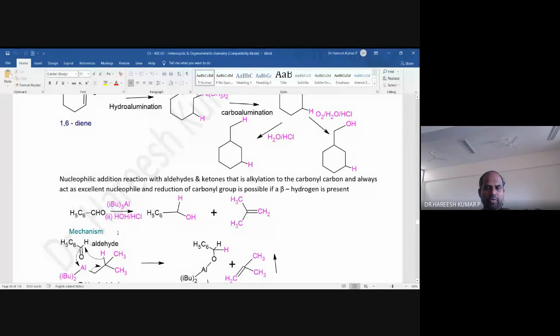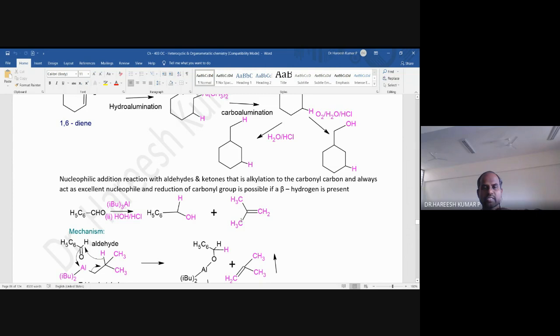If you are adding HCN to this, cyanohydrin is the product, and the reaction is called nucleophilic addition reaction. Similarly, here also we are adding aluminum and then hydride. So of course we can call it hydroalumination. Hydroalumination of benzaldehyde or an aldehyde gives alcohol. Of course, this is the byproduct. So this is the reaction.